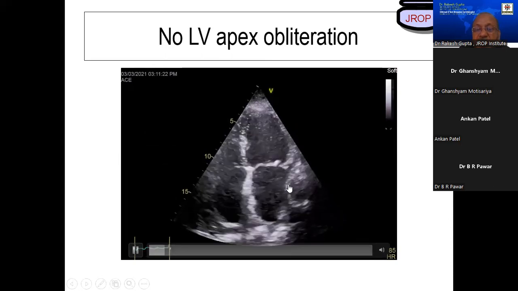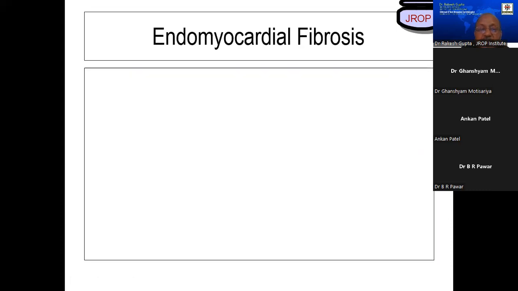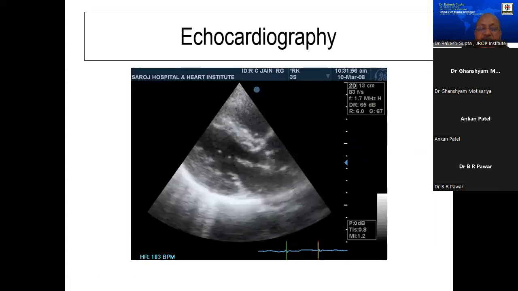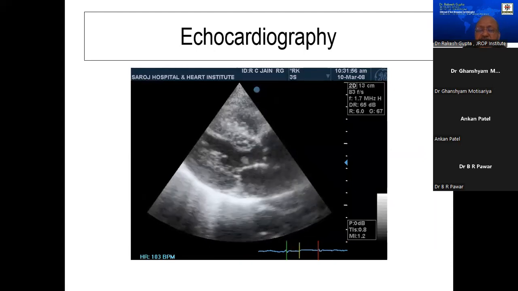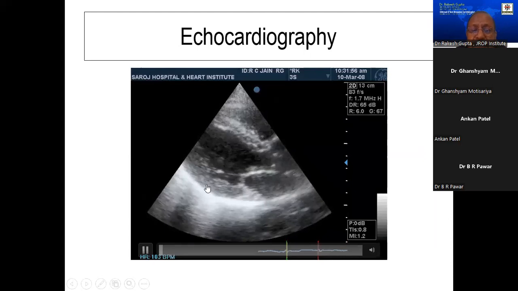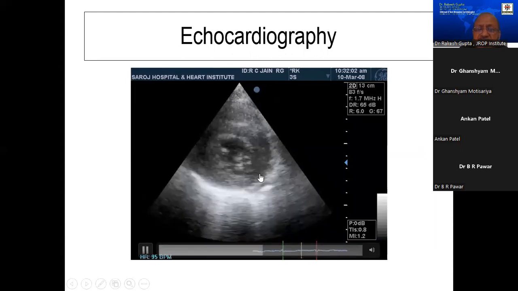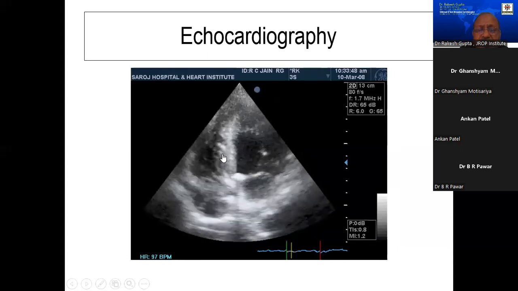Look at this picture of amyloidosis over here. As if somebody has increased the gain of every structure, whether the LV, interventricular septum, posterior wall, mitral valve, aortic valve leaflets, everything appears to be very, very thickened. Look at the thickened, calcified kind of appearance of the papillary muscles.